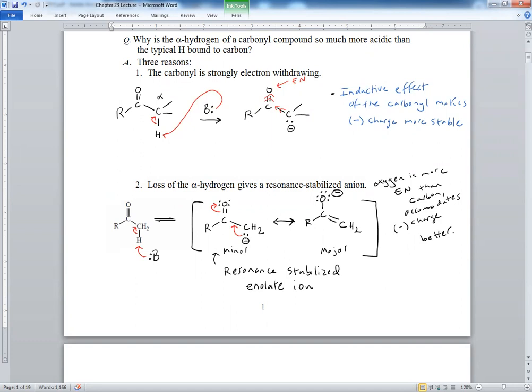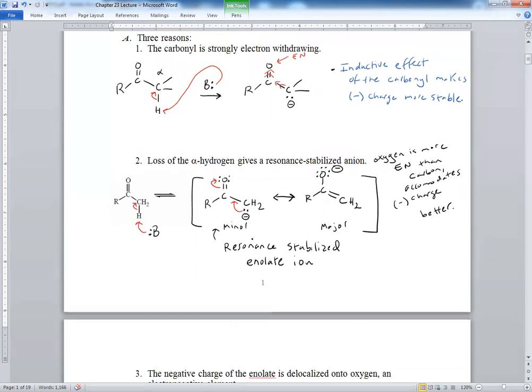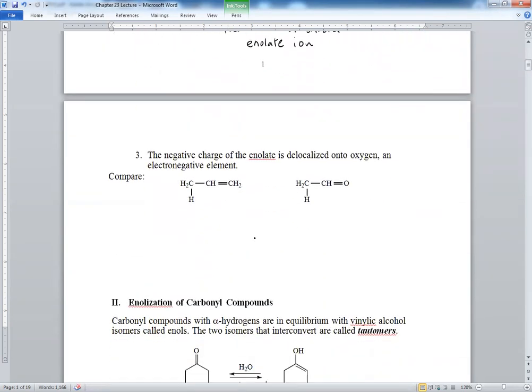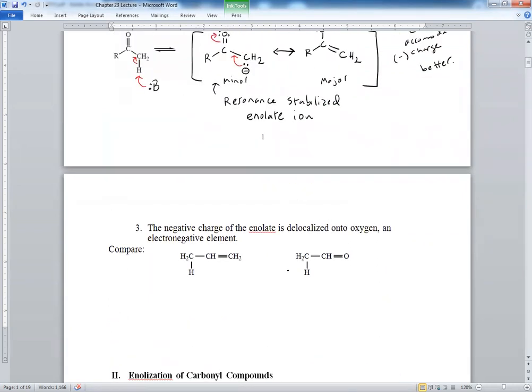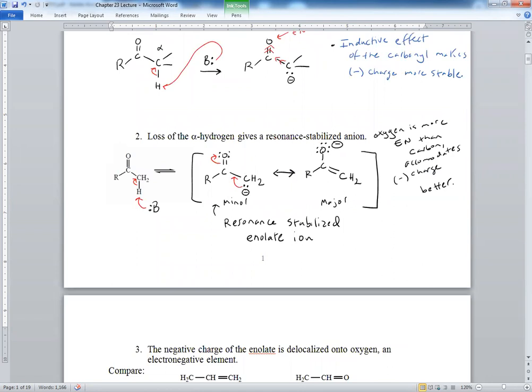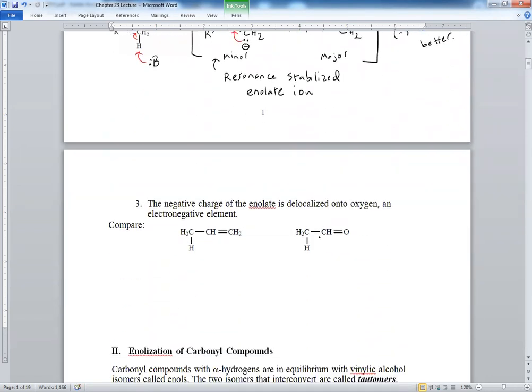The third reason, I kind of discussed it already, but here it is again, to emphasize the importance of having that oxygen versus, let's say, having an alkene here.